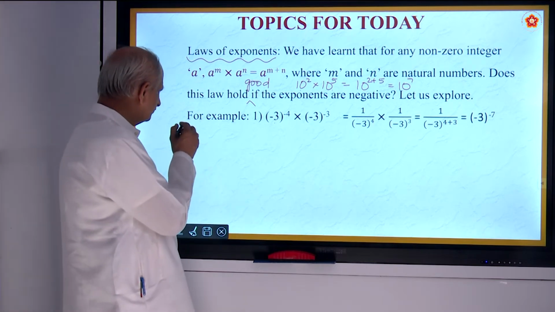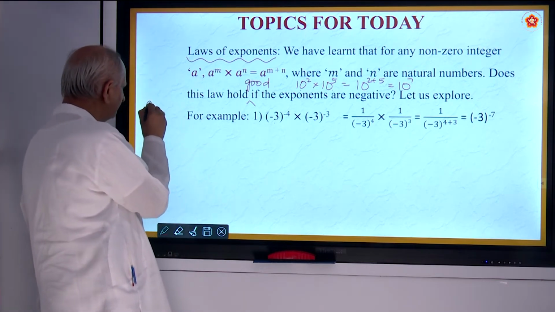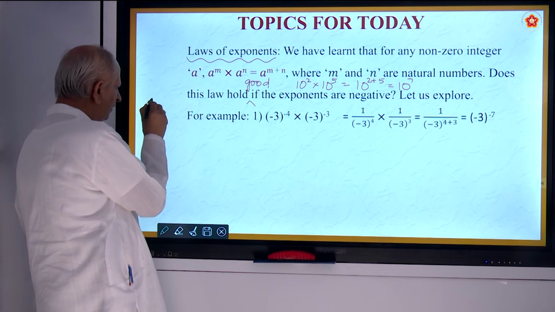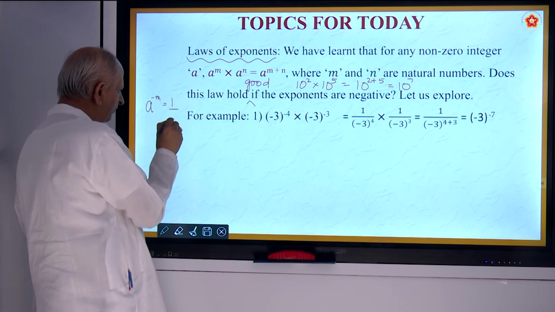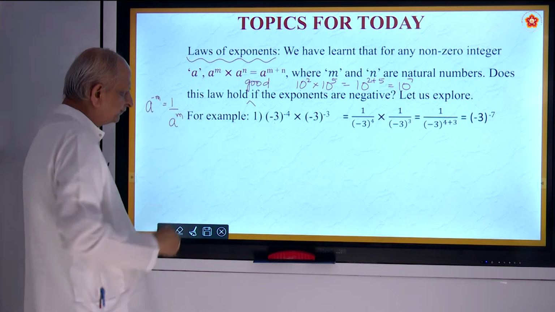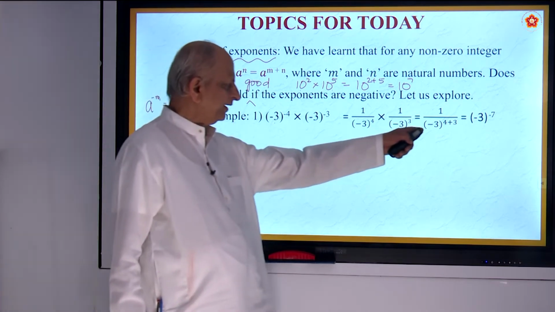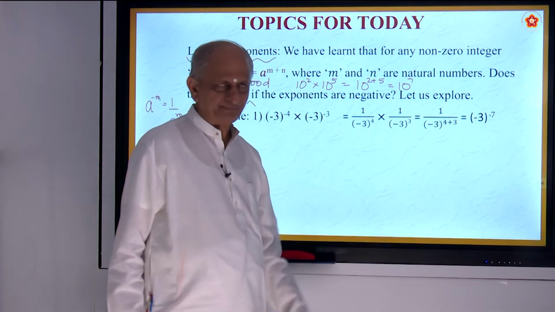When you take it to the numerator, that becomes minus 7. You know the law we studied yesterday, in the previous class: a to the power of minus m is equal to 1 by a to the power of m. Here 1 by minus 3 to the power of 7 is there.